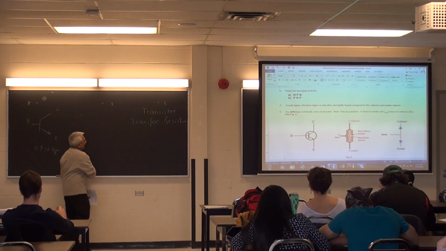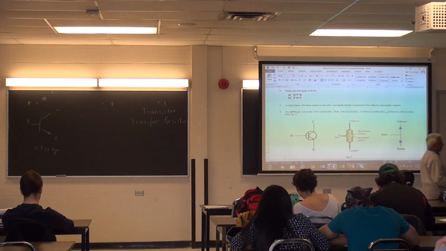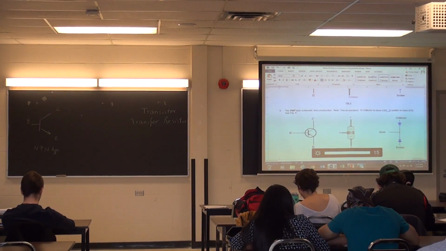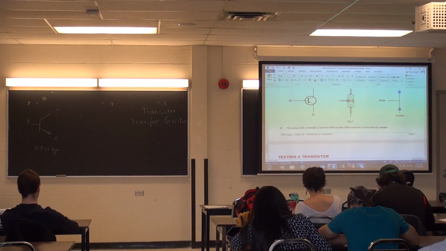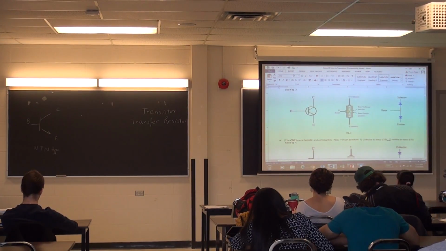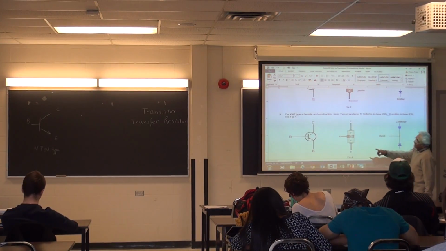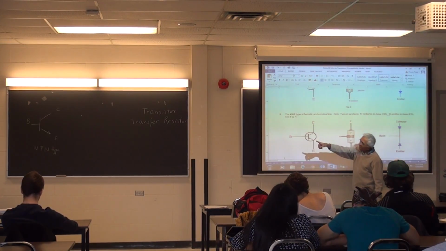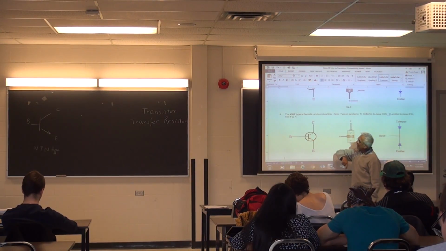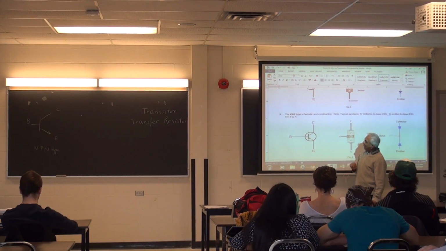So now let's look at the second kind, the PNP. So here's the PNP. The PNP looks the same as the NPN, except now the arrow is pointing in. We still have the base, we still have the collector, we have the emitter.